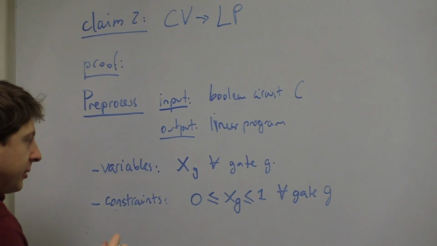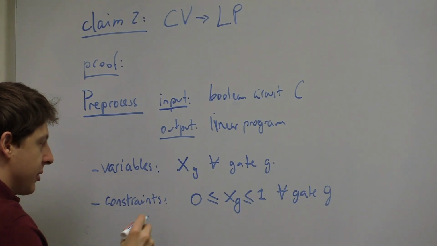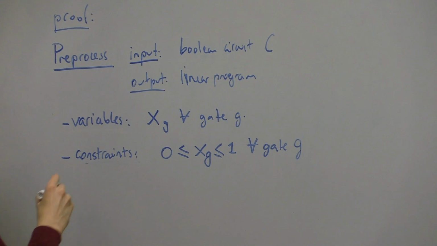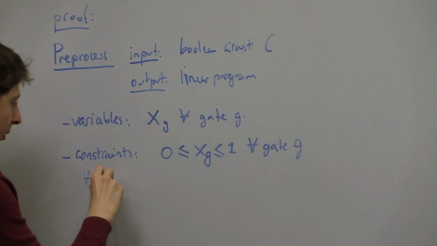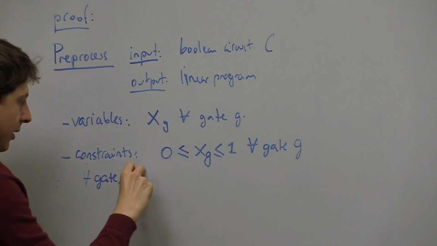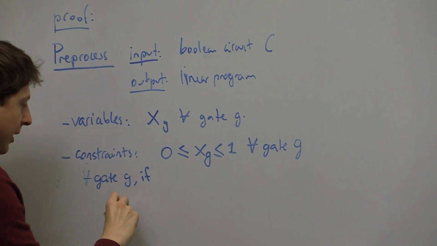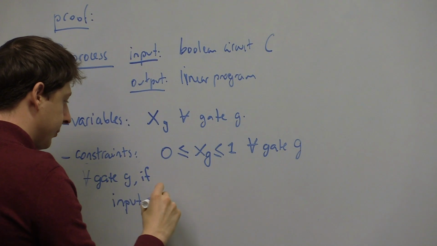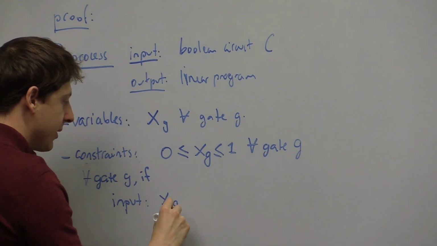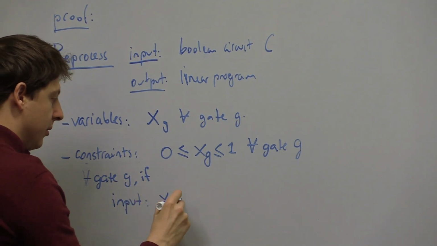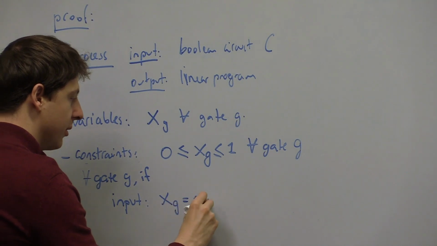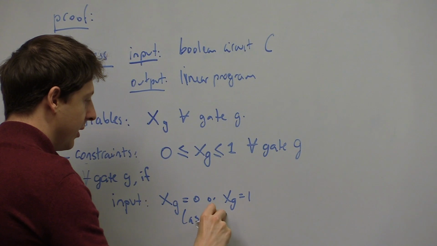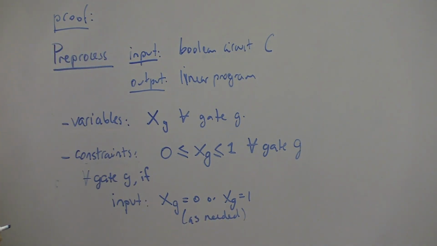And then we're going to put a bunch of gate constraints, one for each type of gate. For each gate, if it is an input gate, then we're going to write xg equals 0 or xg equals 1 as needed, depending upon what the gate was doing in the original circuit.